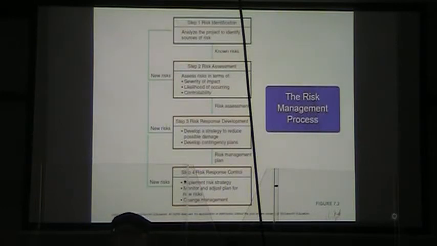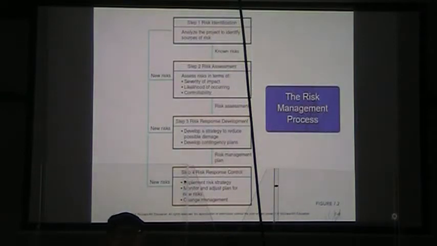Right? So we're going to narrow that down to known risks. That might be things like, will the technology we're developing perform properly? Will our competitors be starting a project like this, and will they be able to beat us to developing this successfully?